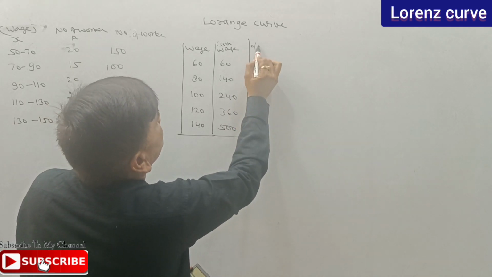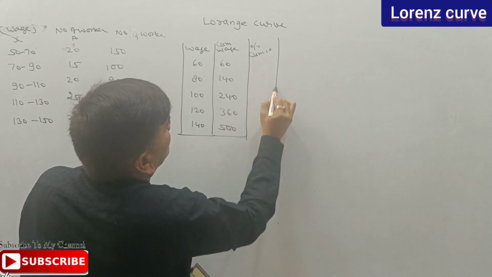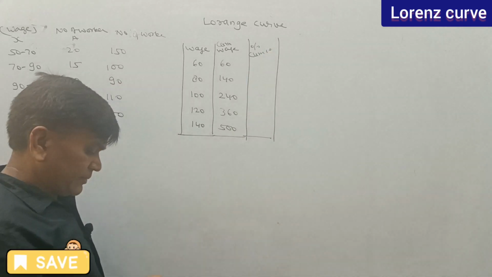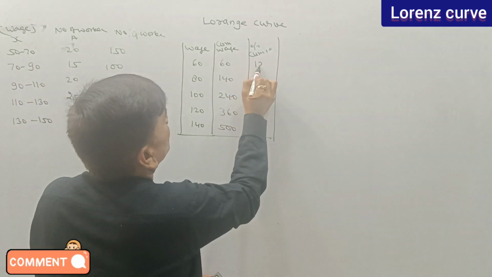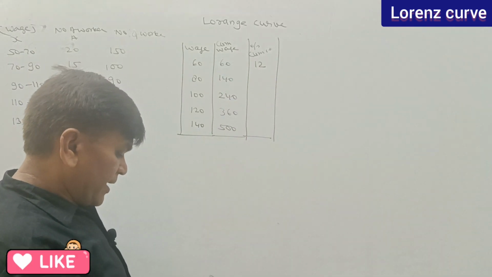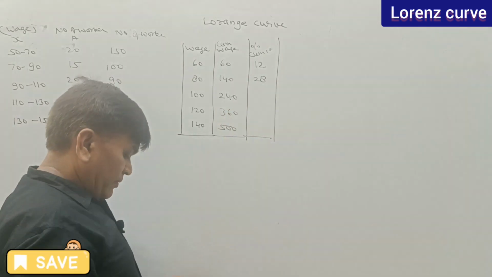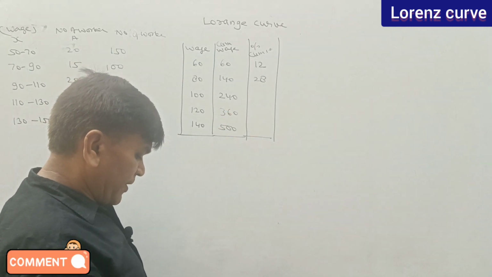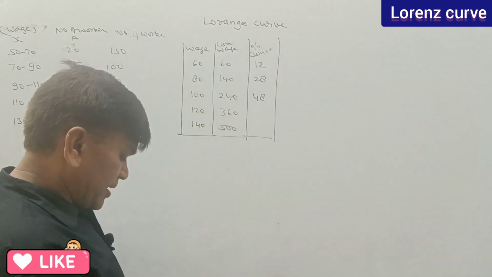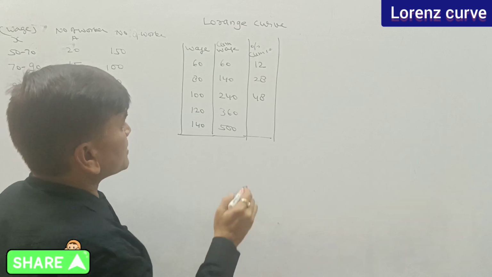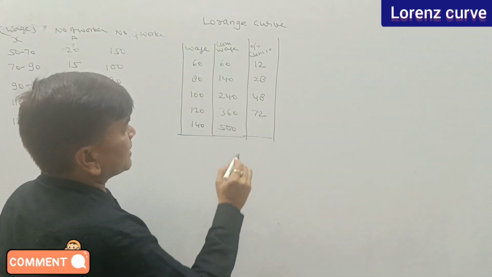Percentage of cumulative wage: 60 divided by 5, that is 12. 140 divided by 5, that is 28. 240 divided by 5, that is 48. 360 divided by 5, that is 72. And 500 divided by 5, that is 100.